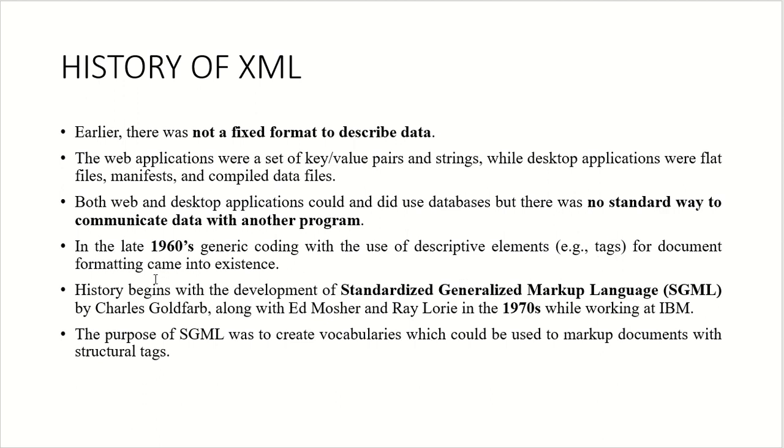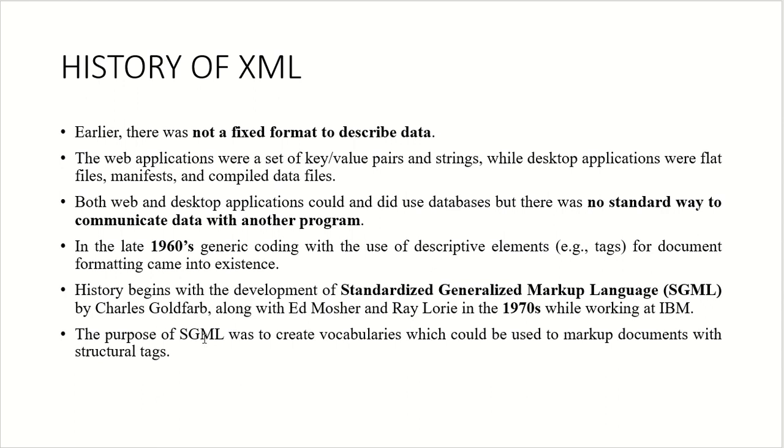Now the history begins with the standardized generalized markup language, that was SGML by Charles Goldfarb. Alright, in 1970s, in late 1970s you can say, they were working with IBM when they developed SGML.